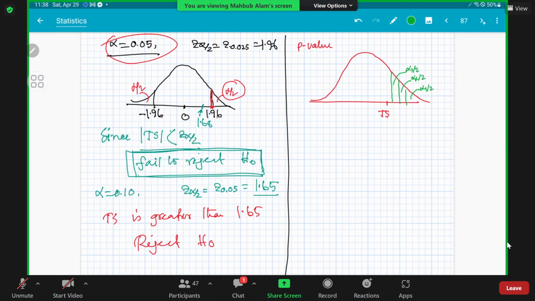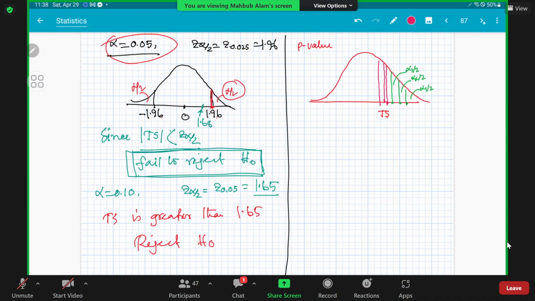In all of these cases, these values are larger than TS, and we do not reject the null hypothesis. On the other hand, as soon as alpha is chosen such that Z alpha by 2 is smaller than TS, we will reject the null hypothesis. Even when it is right here, we will reject.